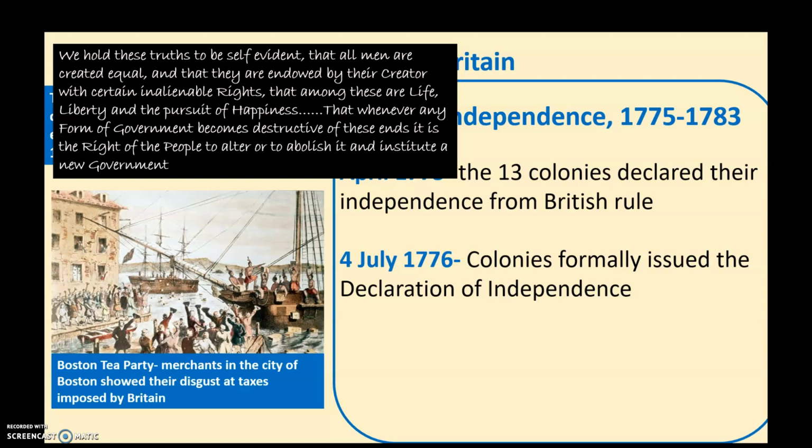That whenever any form of government becomes destructive of these ends, it is the right of the people to alter or to abolish it and institute a new government. So in other words, we believe that we have a right to life, liberty and happiness, not to pay taxes unless we do so through our consent, and any government which tramples on those things, we have a right to alter it or get rid of it.